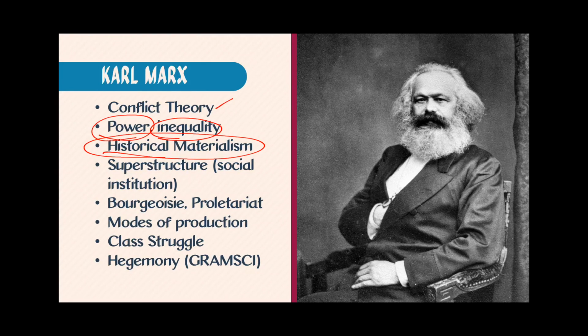According to Karl Marx, there are what we call superstructures in society that maintain that inequality. What are examples of superstructures? Basically, these are the social institutions in society. Like, for example, how does education maintain inequality? So we have private schools and public schools, and most of the time private schools provide better education compared to public schools, so the outcomes of students in private schools are better.